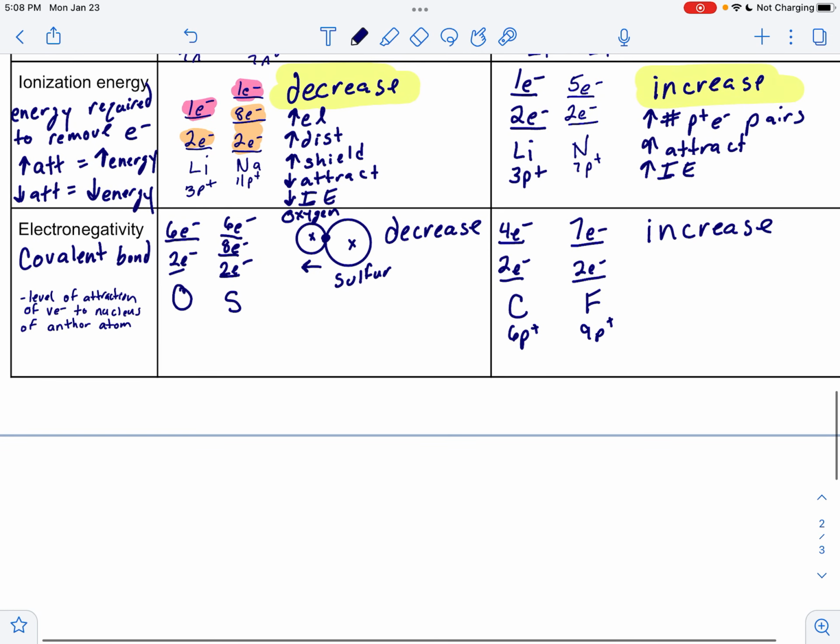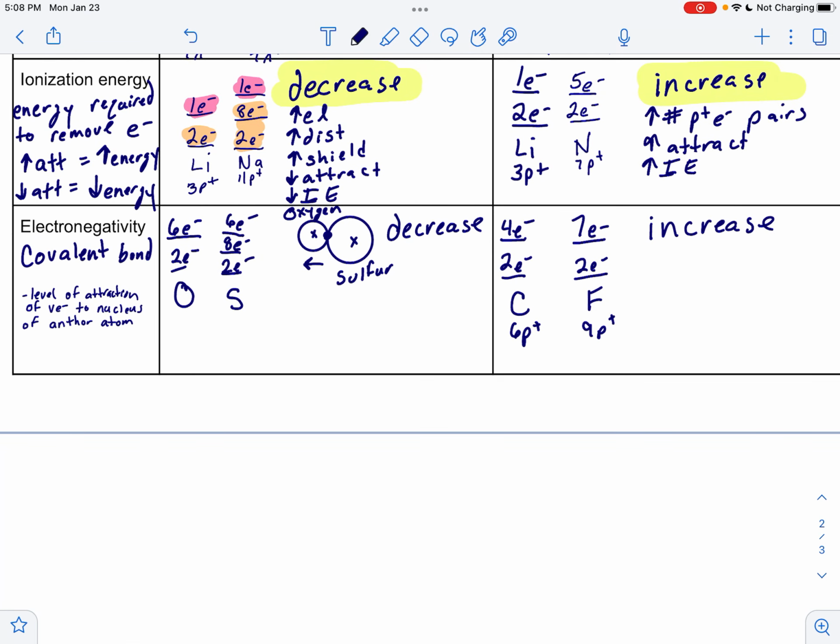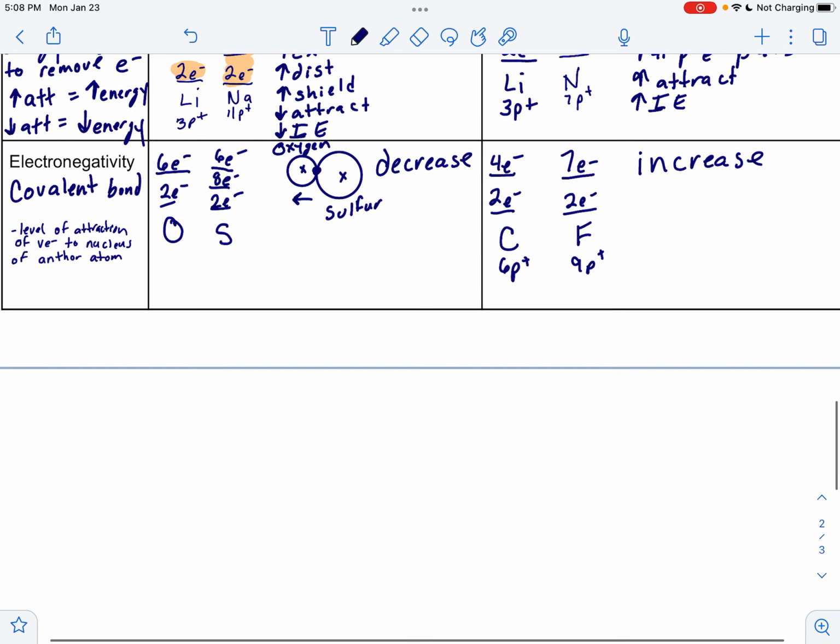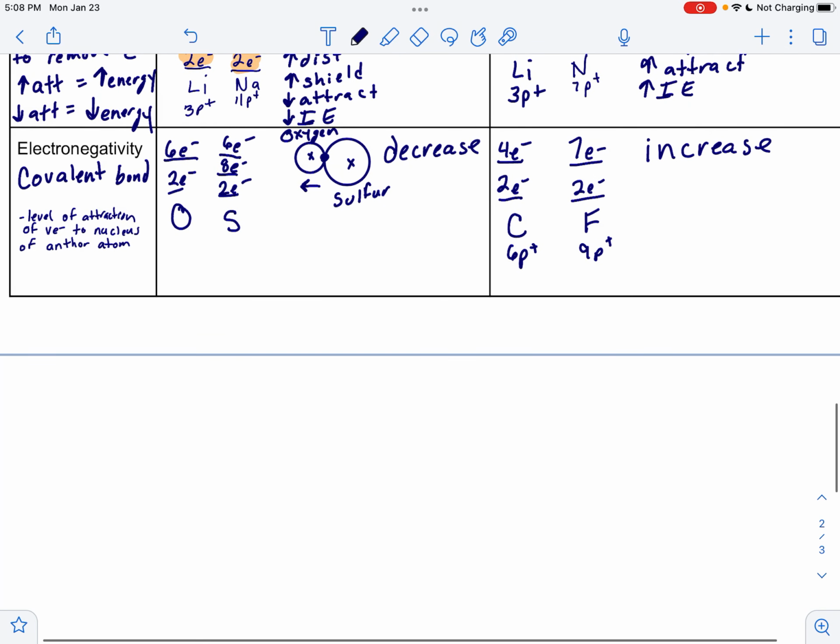The last trend we need to discuss is electronegativity, and electronegativity happens in covalent bonding. In covalent bonding, atoms are sharing electrons. The thing is, though, the atoms have differing amounts of attraction.